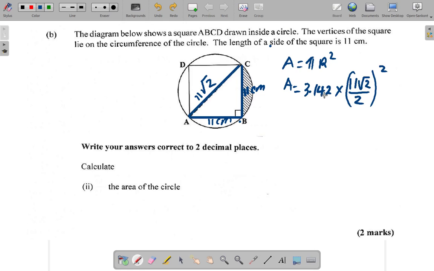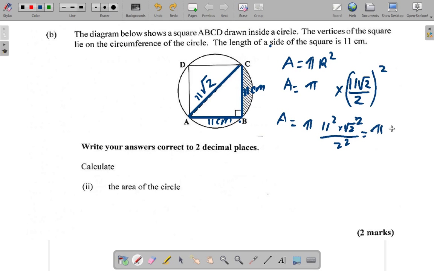Right? You could just get the numbers on your calculator and just use plain numbers. But let's try a little thing here. I want to play around with doing this a bit and just use pi. So the area is pi times, now 11 square root of 2 over 2 means 11 squared times square root of 2 squared over 2 squared.